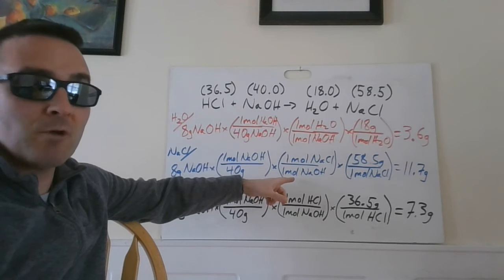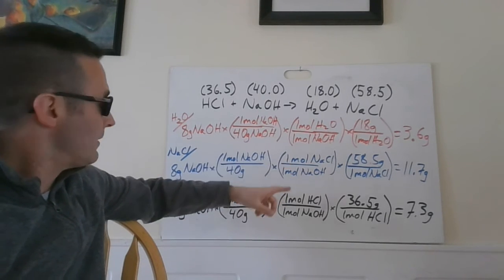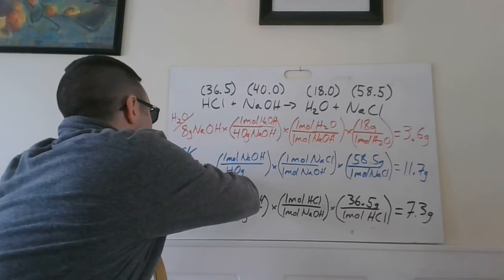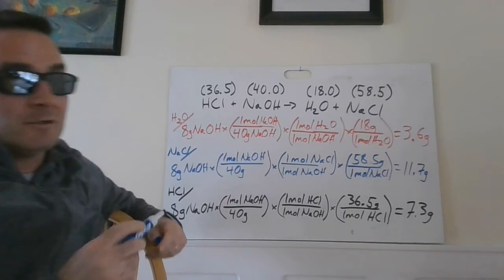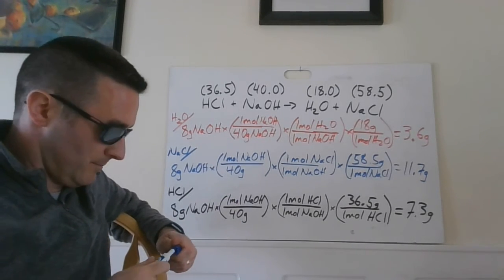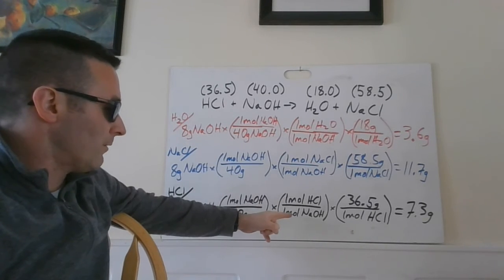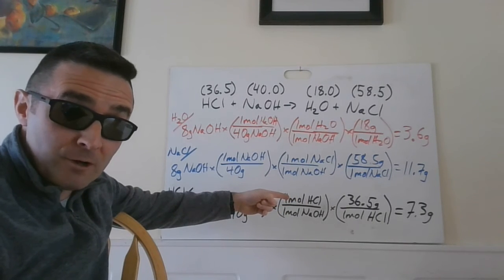In the second one, 1 mole of sodium hydroxide is turning into 1 mole of sodium chloride. And guys, I did the same thing here. Oh, no, I didn't. What am I talking about? Losing my mind. This one, 1 mole of sodium hydroxide is going to react with 1 mole of hydrochloric acid.